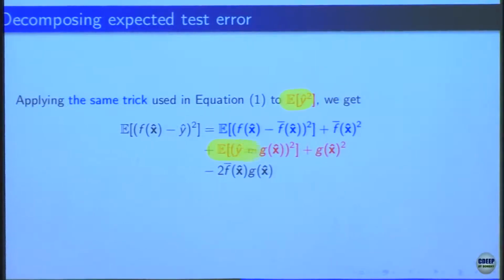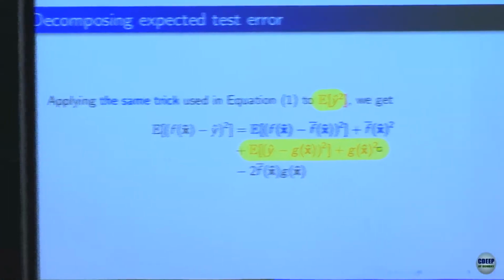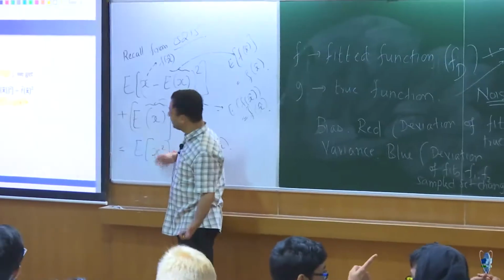When I expand, I get exactly this form, because y hat is g x hat plus epsilon. And I am going to substitute g x hat plus epsilon here, or you can just keep it y hat.